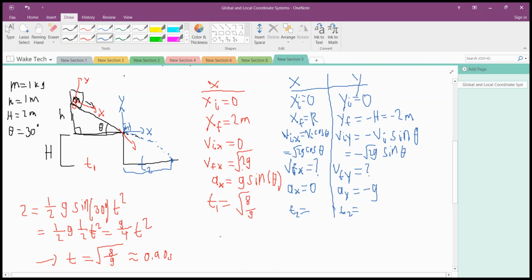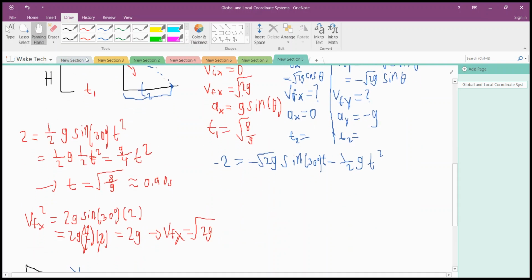So we have y final equals y initial of 0. Then we have v initial in the y direction, and then we have acceleration in the y direction. Can't forget my time. And there we go. Unfortunately, this is not an easy thing to solve. You'll have to use the quadratic formula for it.